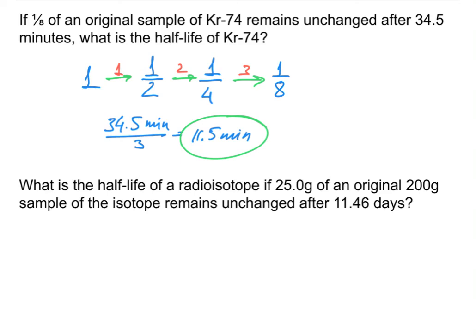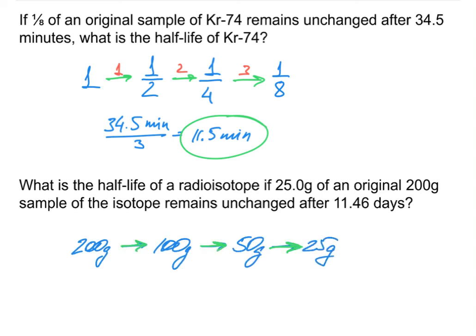And here we have an unknown radioisotope. We know that to get from 200 grams to 25 grams, it took this radioisotope 11.46 days to decay. So we need to figure out the half-life of this radioisotope. Let's see, how many half-lives does it take to get from 200 to 25 grams?